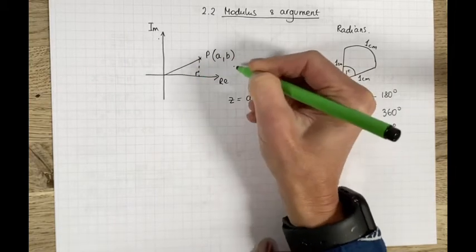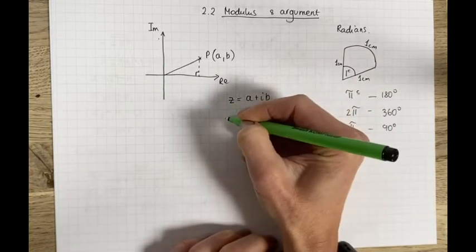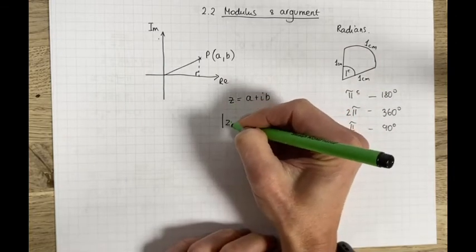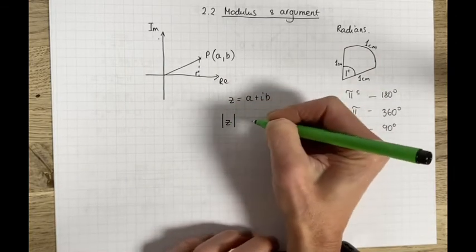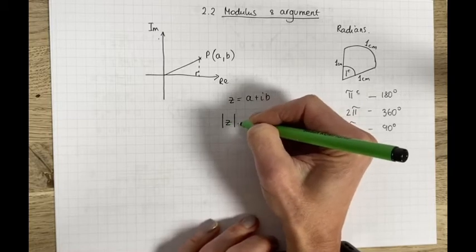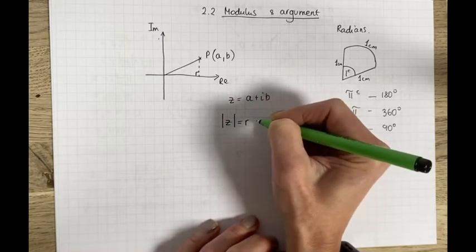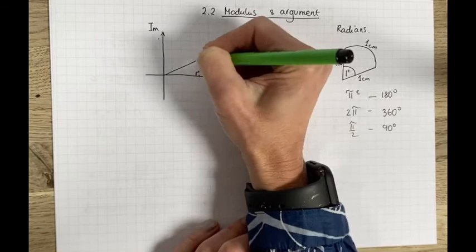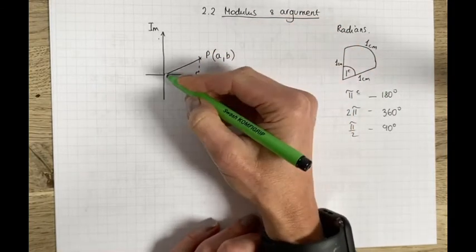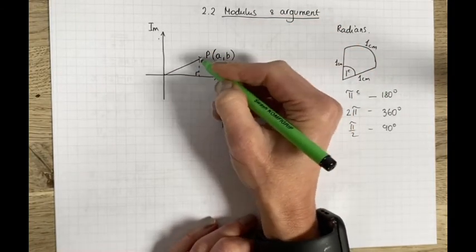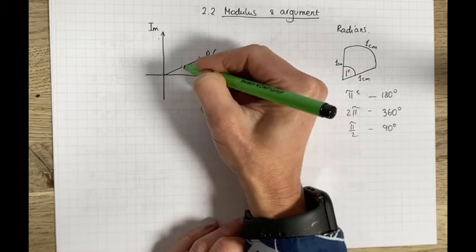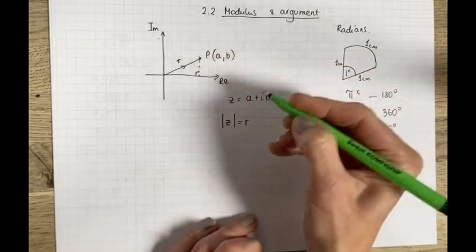The modulus of that complex number is notated with modulus lines, modulus of Z. You can also use the letter R, and this just means the length of the vector that joins the origin to the point.